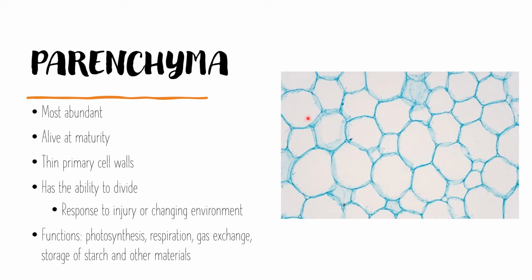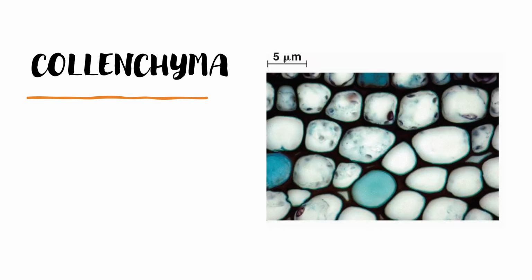So the cells that you see here on the slide are how parenchyma cells would look under the microscope. Please take note of one of its most distinguishing features, which is its thin primary cell walls. Next, we have collenchyma cells.